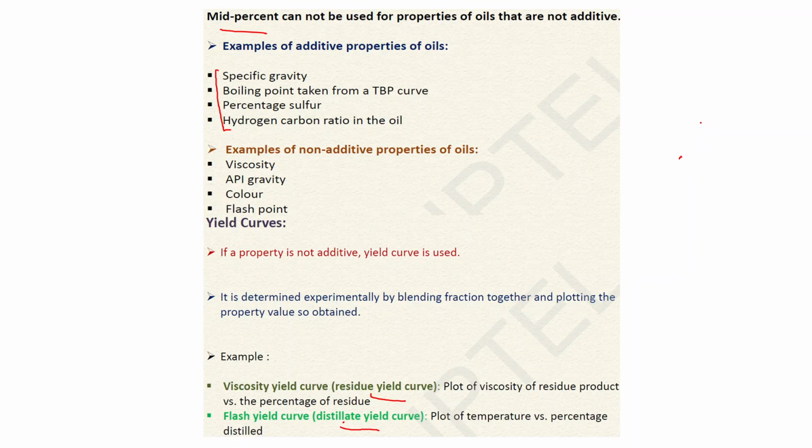If we mix the residue and plot the viscosity of the residue product versus the percentage of residue, then we get this viscosity yield curve. And if we blend different distillates together and plot a curve of temperature versus the percentage distilled, then we get the flash yield curve.